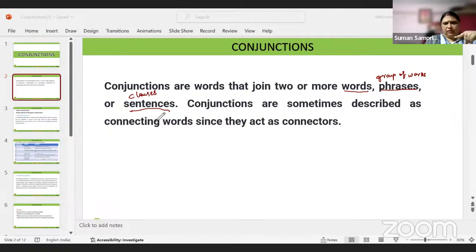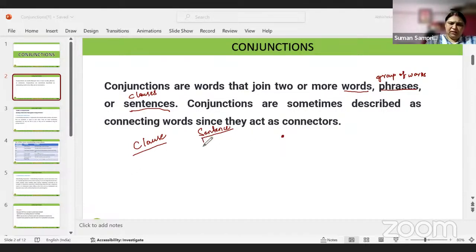So what is the difference between clauses and sentences, kids? Can someone tell me what it is? What's the difference between clauses and sentences, or clause and sentence? The only difference is this, the full stop, right?